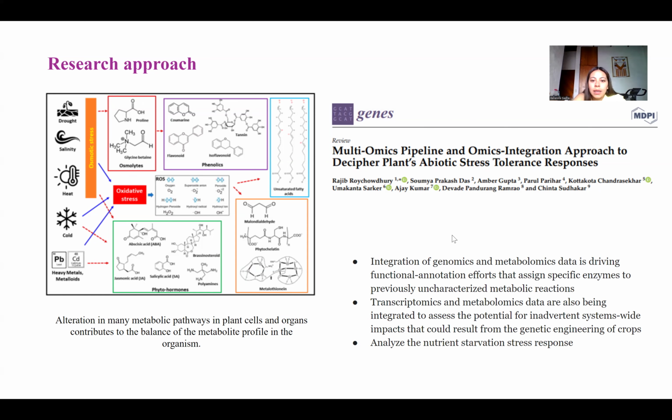Given the enormous diversity of metabolomic compounds that plants produce, the integration of omics data, for example, the integration of genomics and metabolomics, I think is a good idea to do something similar with the Mortinho.